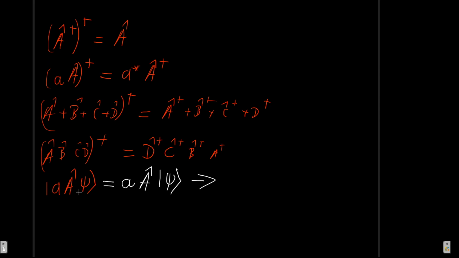And most important is what comes now, because this is intuitive, I guess. It's not too difficult, but the case of the bra can be more complicated. So if we have, for example, some complex number a, operator big A acting on this psi bra, if we want to just isolate this bra, we can take this number out, but remember we have to take the complex conjugate of the number.